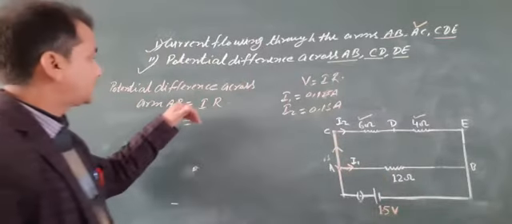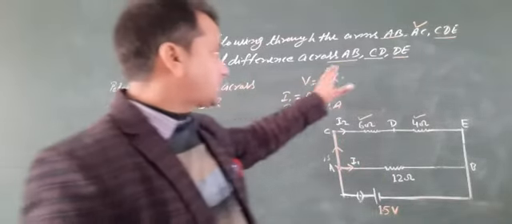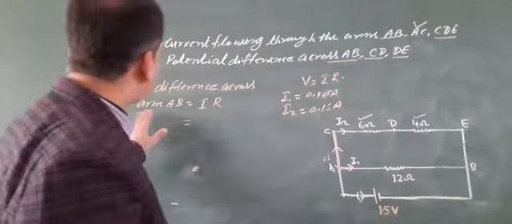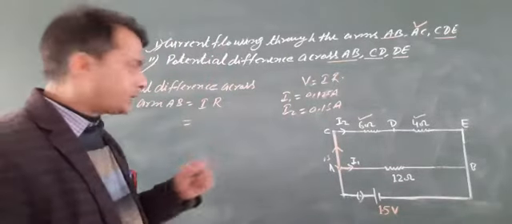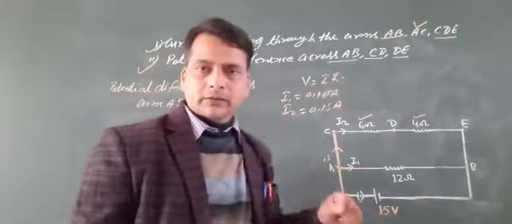So now in this question, the potential difference across AB, CD and DE. The potential difference across AB is the electric current into resistance.